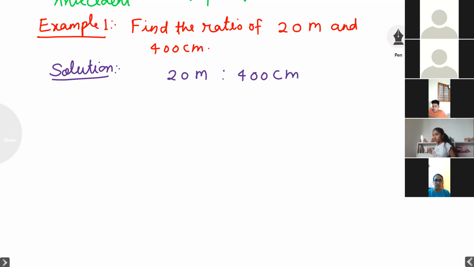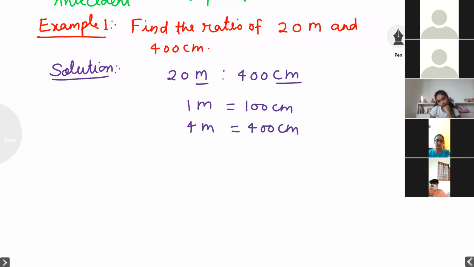No, because the units are different. The first unit is meter and the second unit is centimeter. If units are different, I want to convert them into the same units. We know 1 meter is equal to 100 centimeter. Now 4 meter is equal to 400 centimeter.